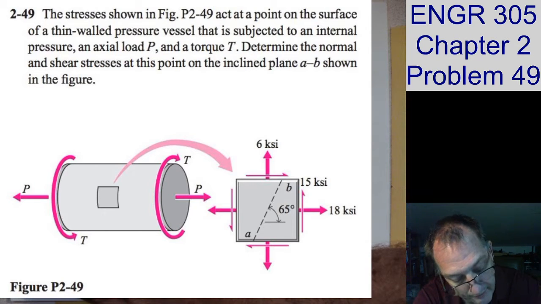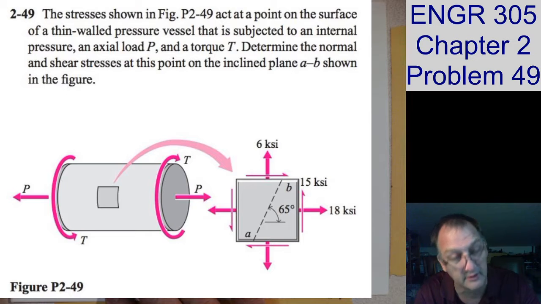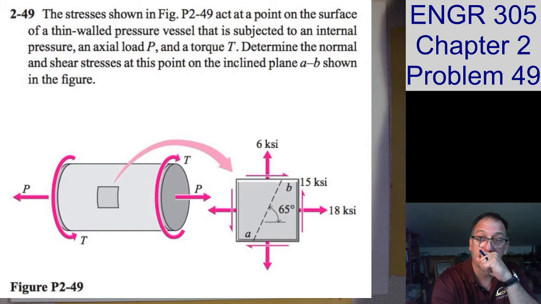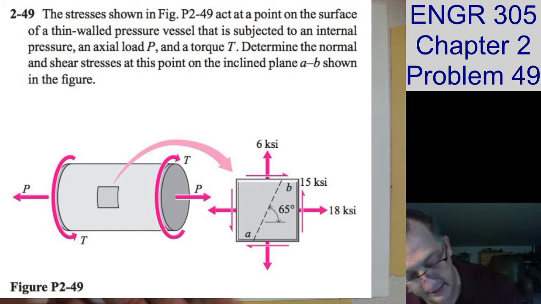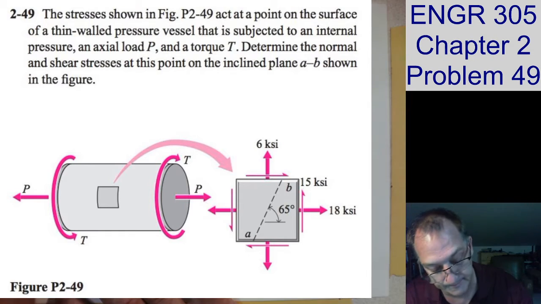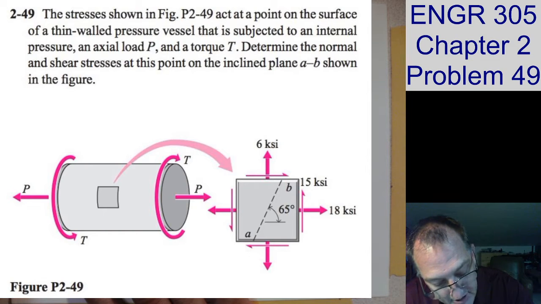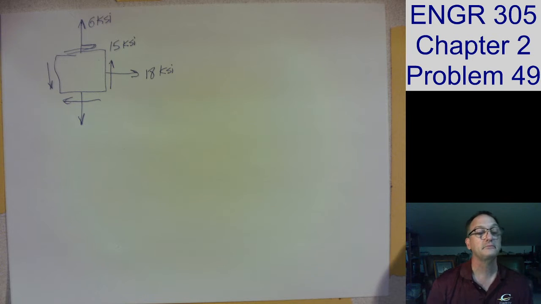There's that square, and it's got 18 KSI in tension in the X direction, 6 KSI in the Y direction in tension, and it's got a positive shear stress of 15 KSI. It's going to look just like that. That's my little square.